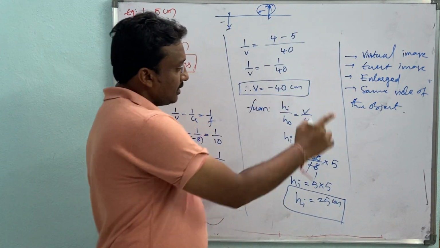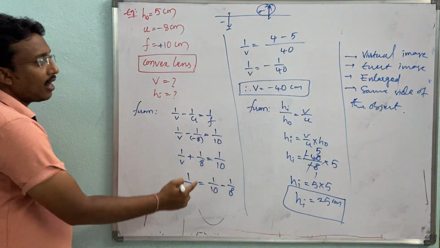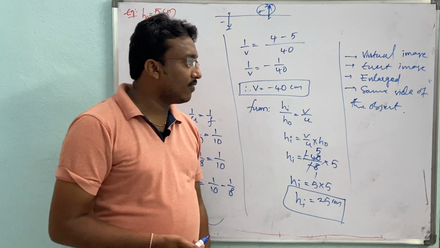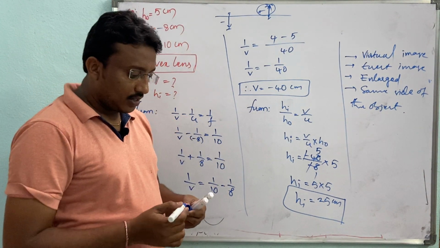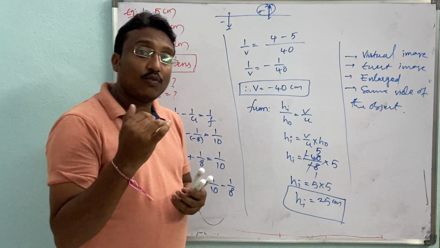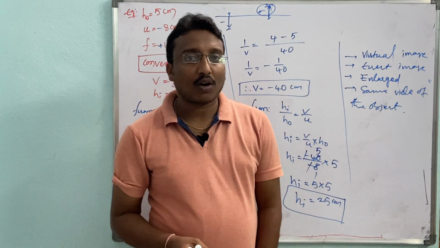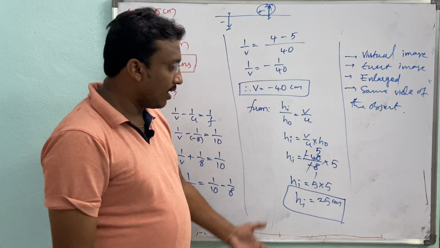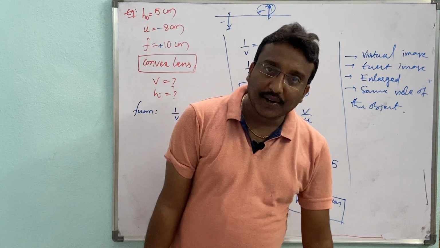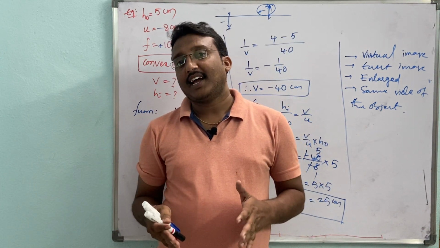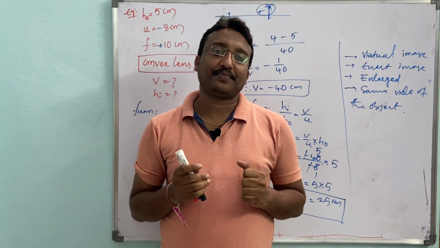Got it? This is how you have to do it. If you do it using all the sign conventions in this manner, you get 4 marks in the annual examination. Okay, right? Then what did we discuss in today's class? We discussed the lab activity, how to do the lab activity, right?